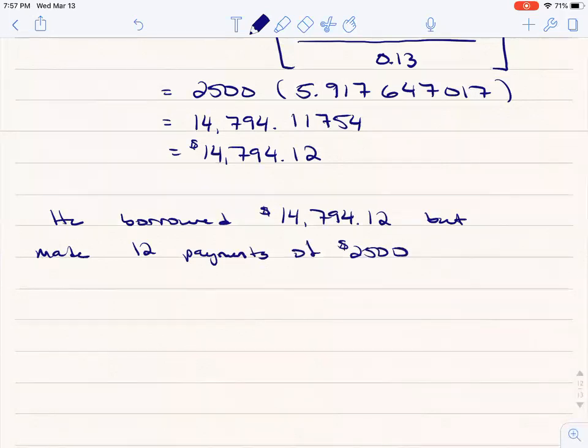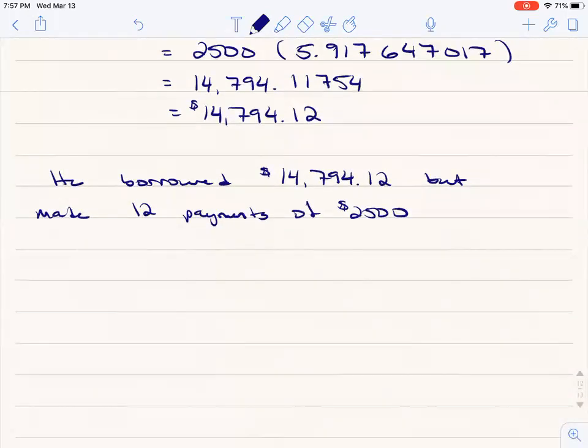So 12 times 2,500 is a total of 30,000. So it cost them $30,000 to borrow $14,794.12. Yikes.